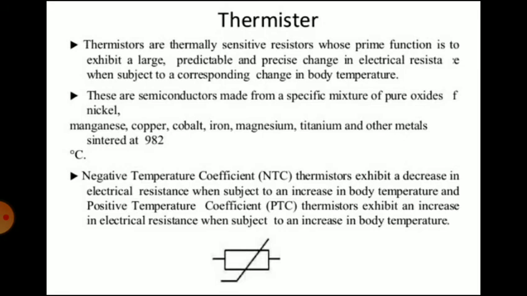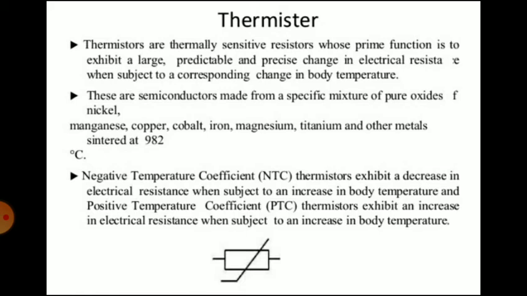Now we will see the second instrument used for measurement of temperature, that is called a thermistor. Thermistors are thermally sensitive resistors whose prime function is to exhibit a large, predictable and precise change in electrical resistance when subject to a corresponding change in body temperature.